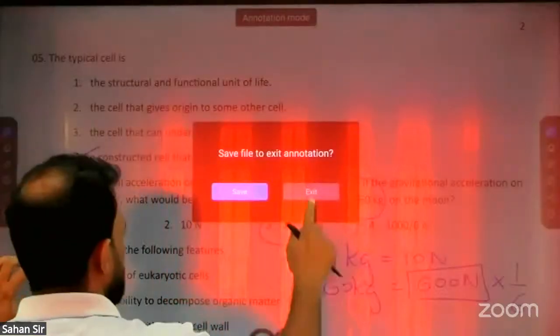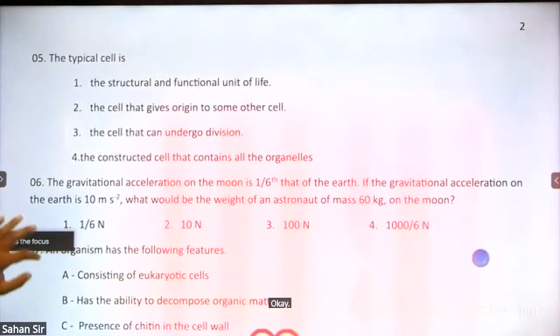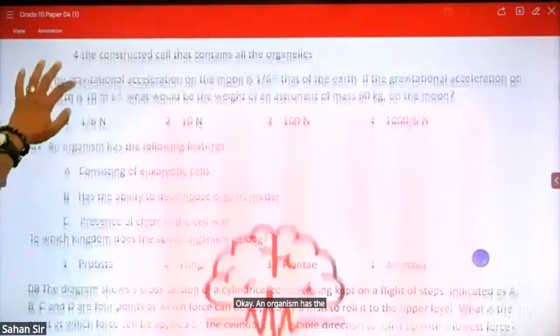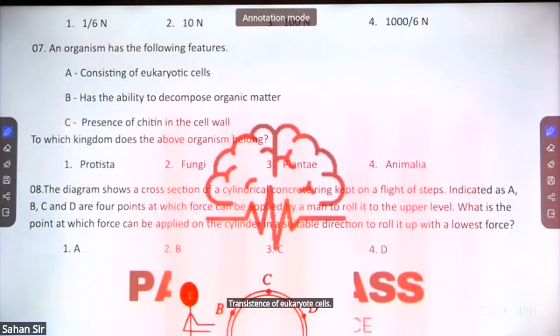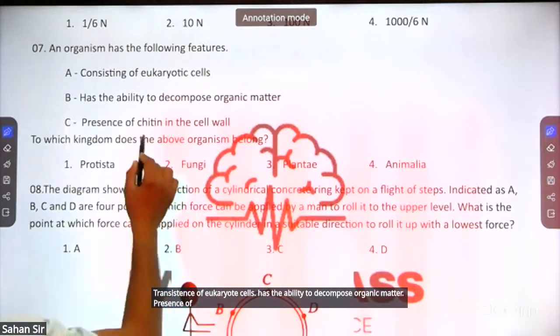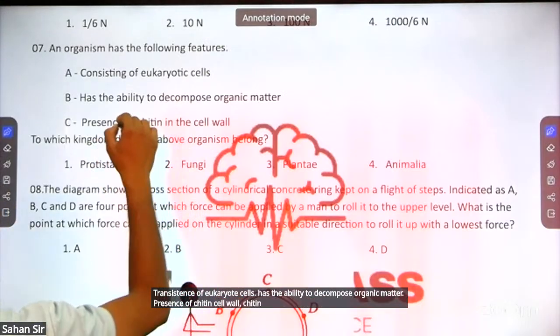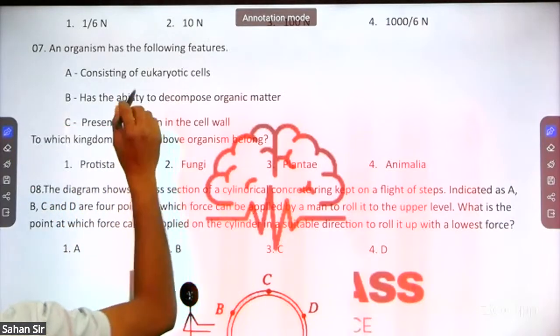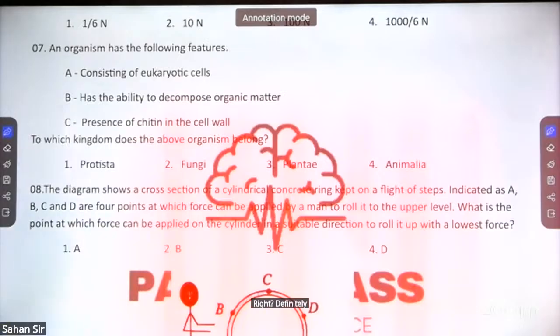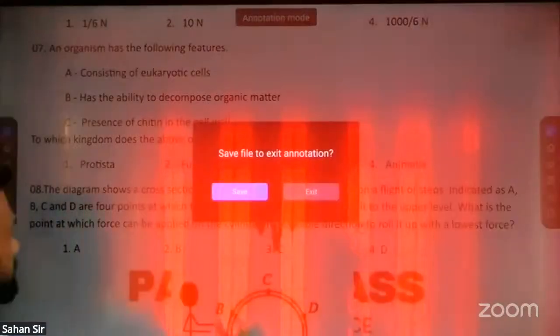Okay. An organism has the following features: consisting of eukaryote cells, ability to decompose organic matter, presence of a chitin cell wall. Definitely the answer is fungi.